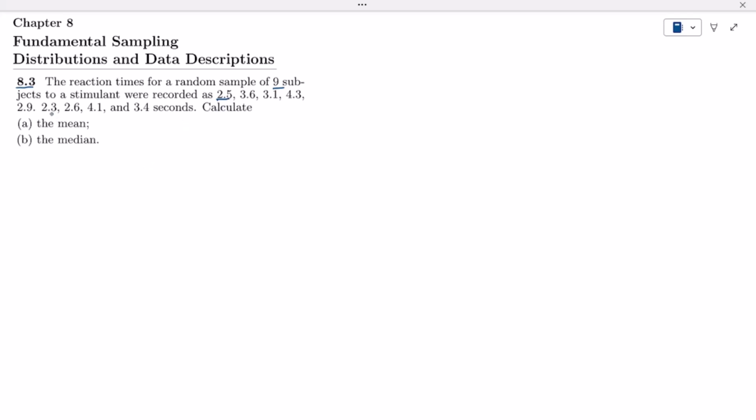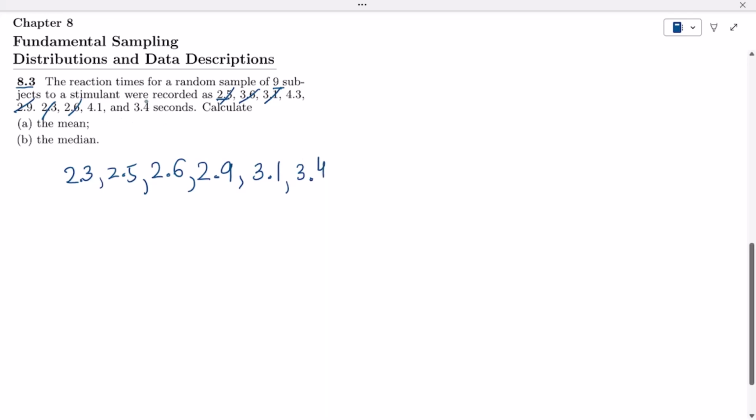So the lowest of them is 2.3, and then 2.5, then 2.6, then 2.9, then 3.1, then the next one is 3.6, sorry, 3.4, now 3.6, after it 4.1, and the last one is 4.3.